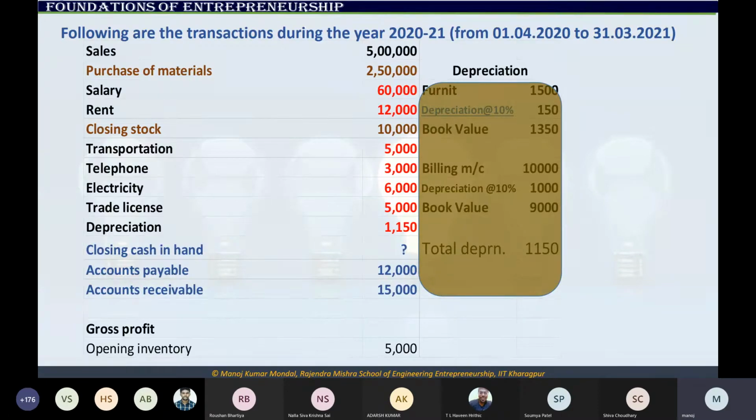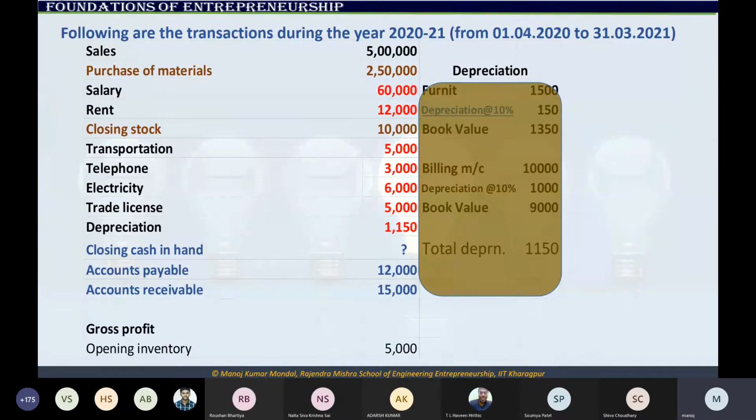For the time being, you know that land is not depreciated. Now for furniture, there may be one rate of depreciation. For machinery, there may be another rate of depreciation. Like for income tax purposes, furniture will be depreciated at the rate of 5%. Building will be depreciated at the rate of 5%. Machinery will be depreciated at varying percentages, like computer 33%, gas cylinder 100%, pollution control equipment 100%.